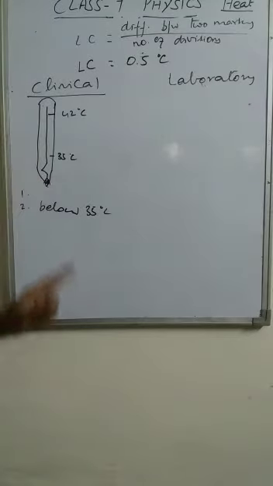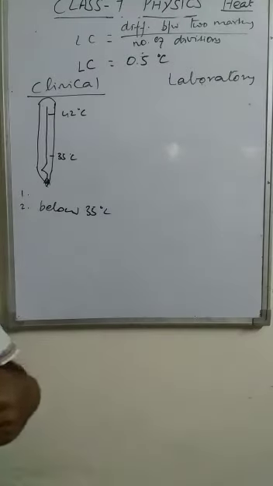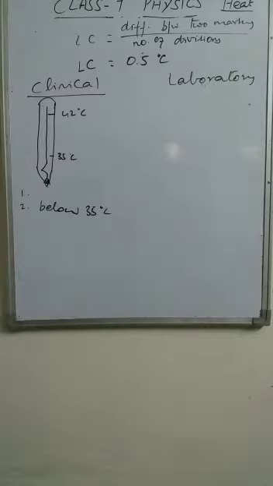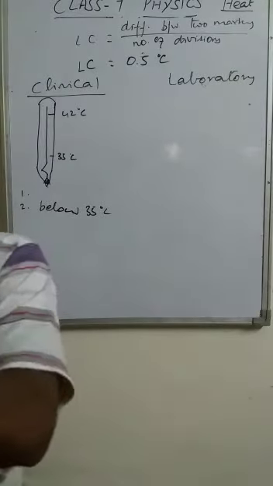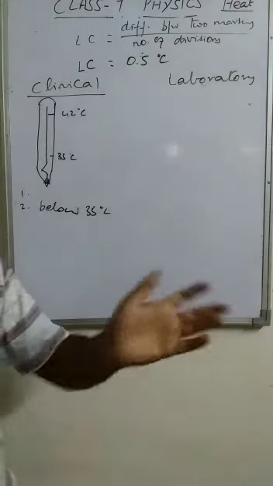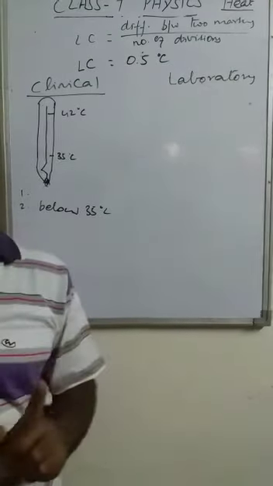Suppose this thermometer is used for one patient and the mercury level shows something above 35 degrees Celsius. And the doctor kept that thermometer in the proper place. If the next patient comes, then he will use the thermometer.